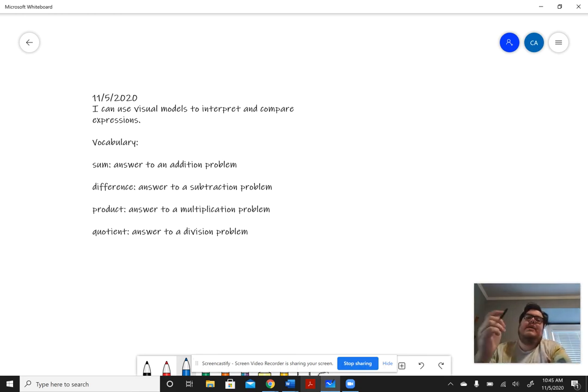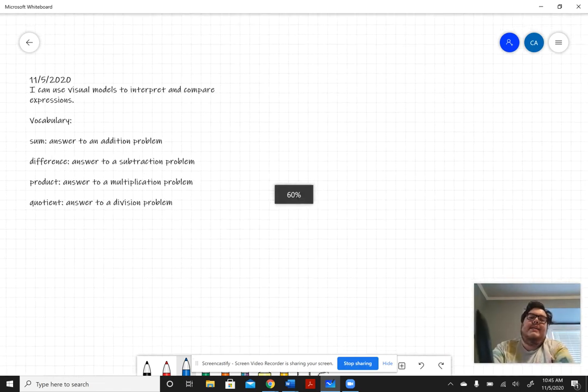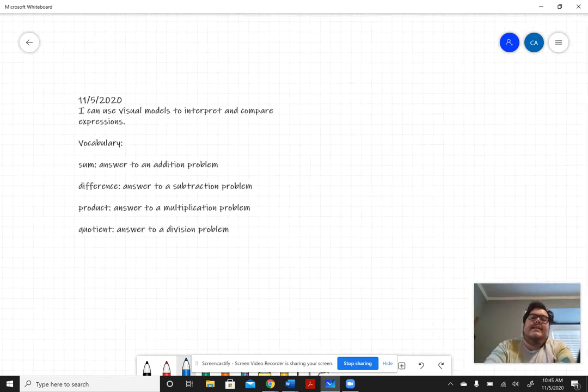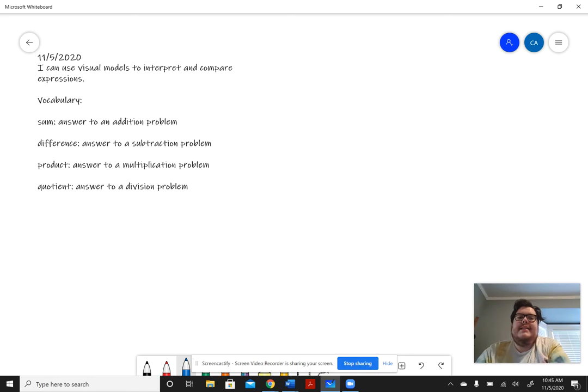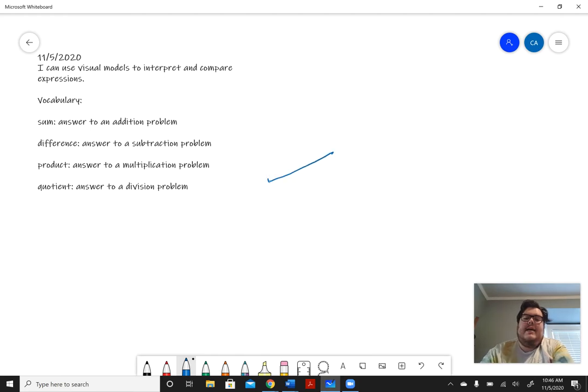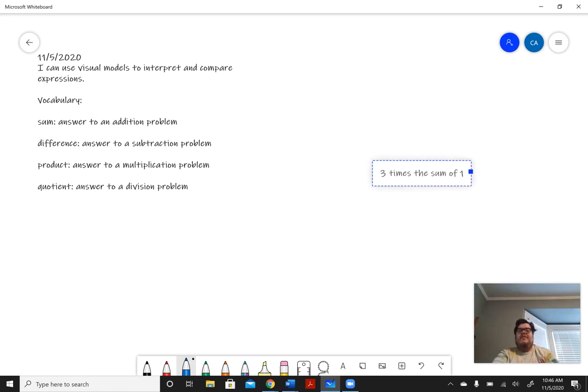Let's go ahead and get started. Something that you're going to see on today's exit ticket is expressions written in word form. You might see something that says 3 times the sum of 13 and 7.